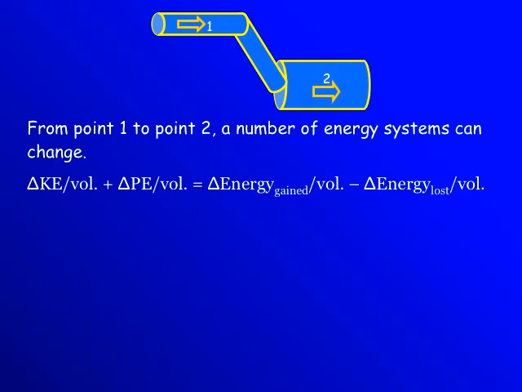A more complicated situation, from point 1 to point 2. Point 1, tube 1, is higher than point 2. So a number of energy systems can change. The kinetic energy density, the kinetic energy per volume, is going from 1 to 2, from fast to wider, slow. So the kinetic energy is decreasing.